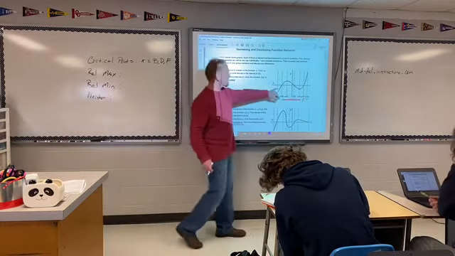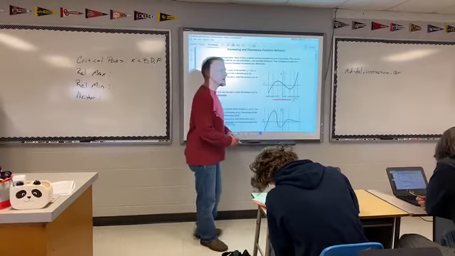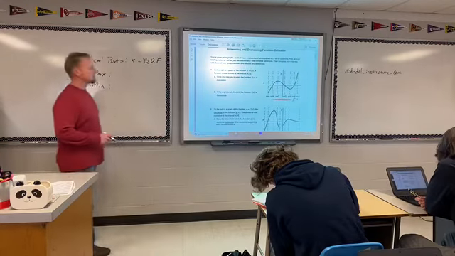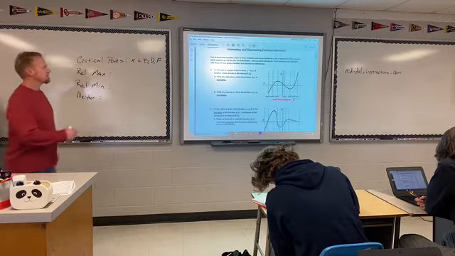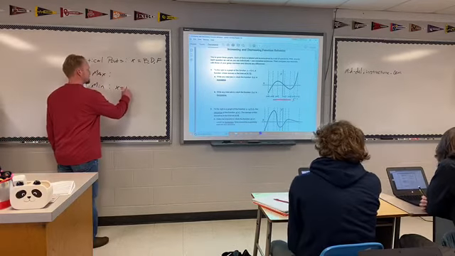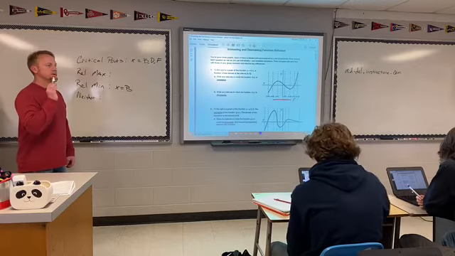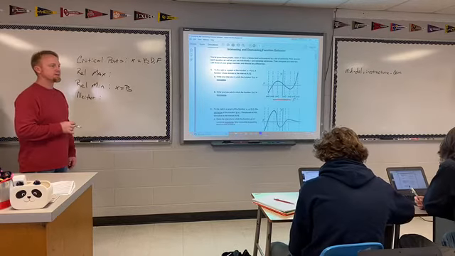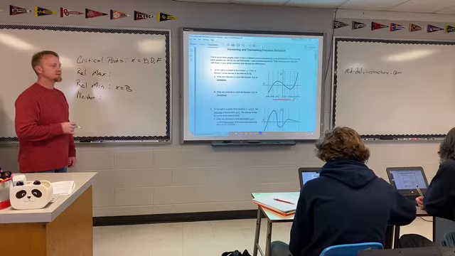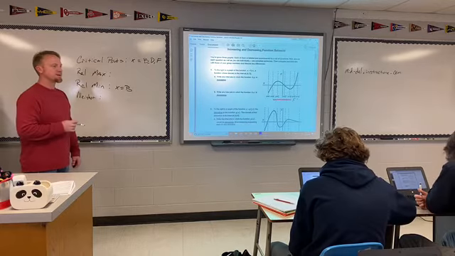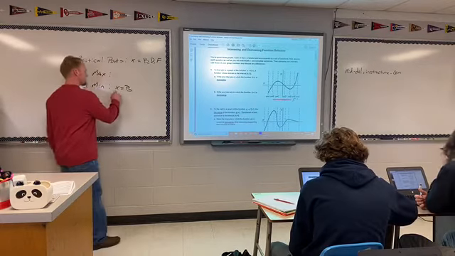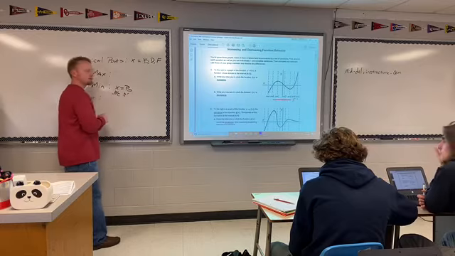All right, Deborah, what is B? Max, min, or neither? It is a minimum. Why? Because it's going from a negative to a positive. You said a bad word: the derivative. What derivative are we looking at? F prime. So because f prime does what?